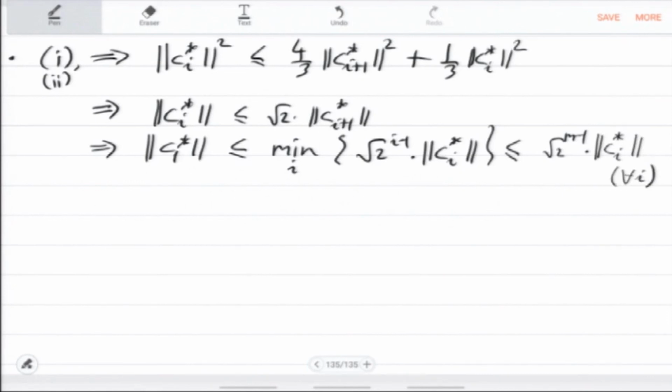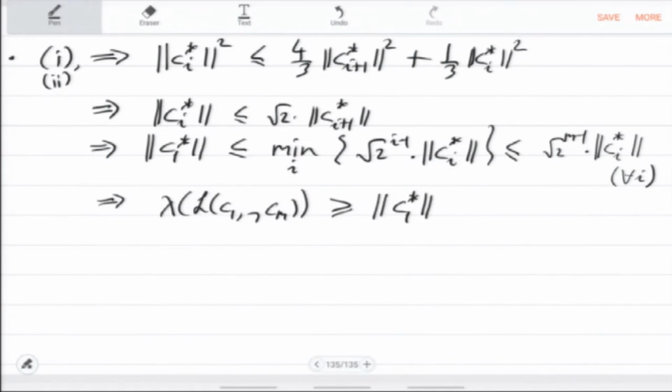So now if you use the orthogonality of C1 star, or the lemma that we had shown before, in the lattice generated by C1 to Cm, we get that the shortest vector in the lattice generated by C1 to Cm will be at least, obviously, C1 star.